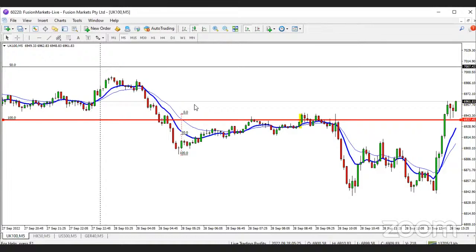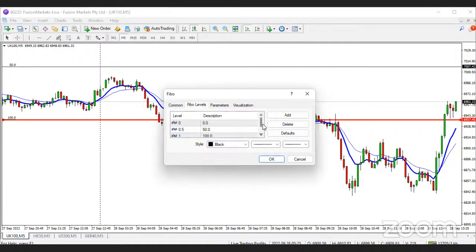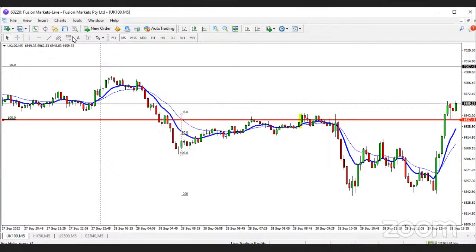Fib parameters you need to add in: 200. So the market got to the measured move. That was the objective, that was the goal, or almost to the measured move.